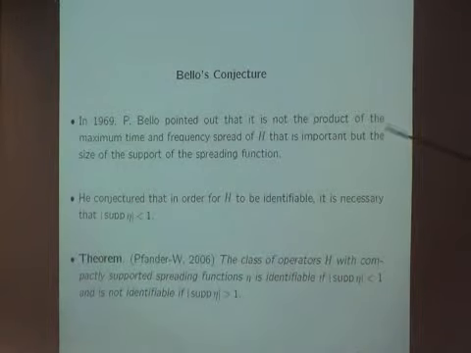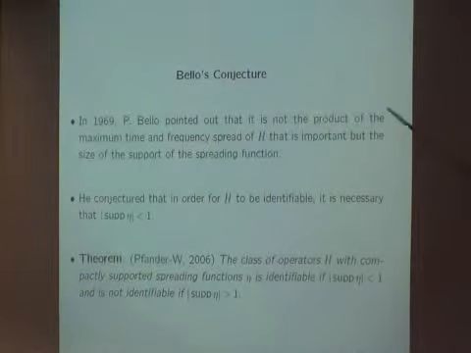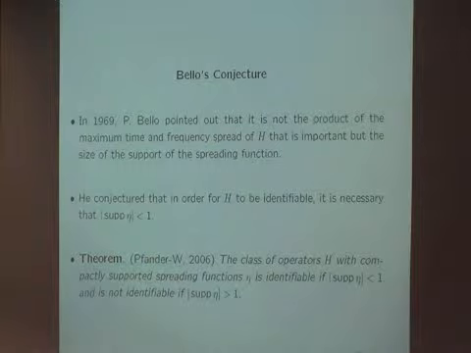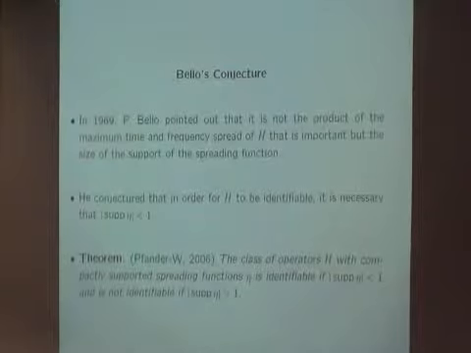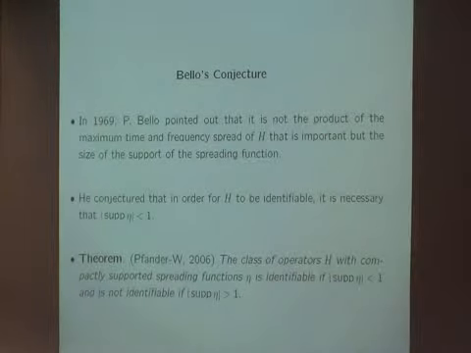Now to take this a step further, about 10 years after this, Bello pointed out that the important thing to look at on these time-varying filters is not the product of the maximum time and frequency spread, but the actual size of the support of the spreading function. That could be in pieces, spread out all over the place, but as long as its total area is less than 1, he conjectured that that should be enough.